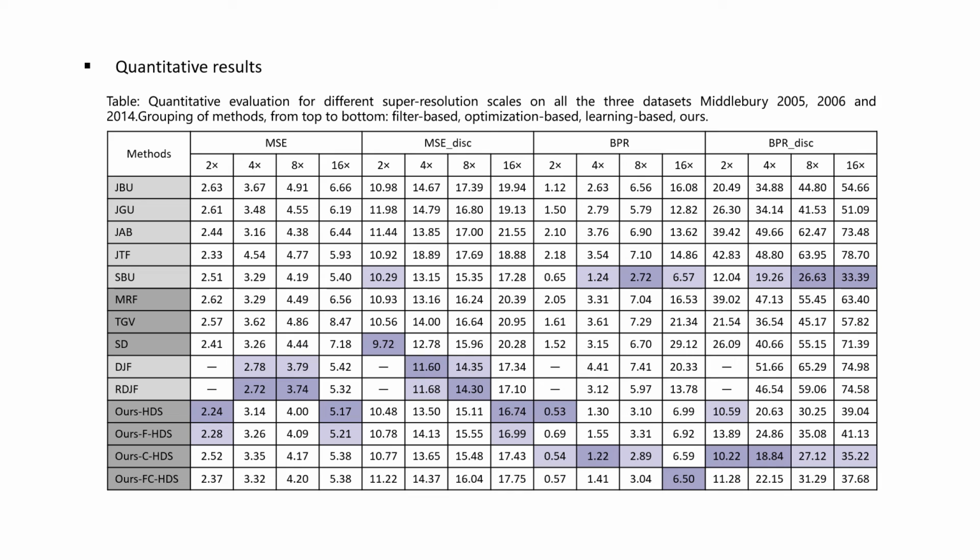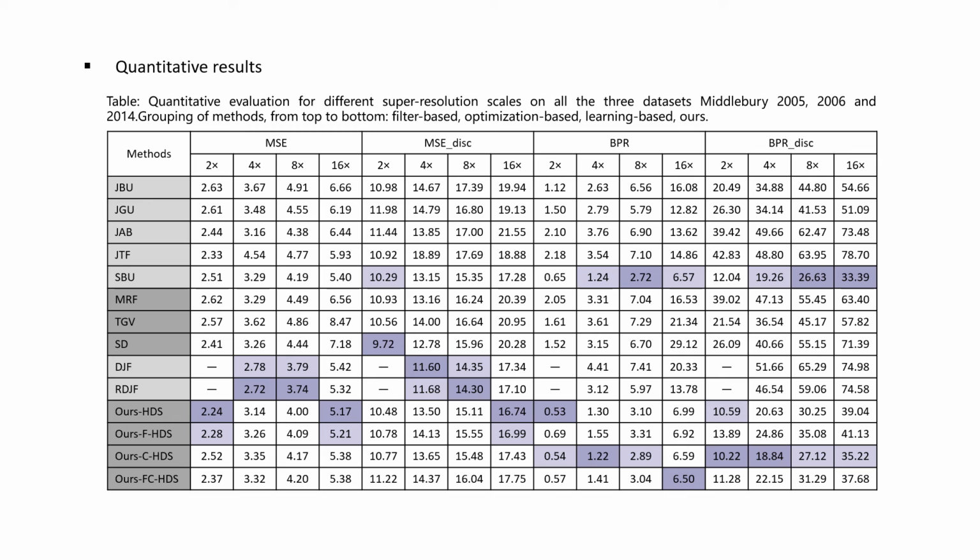FHDS provides visually best results due to the use of extracted shallow and multi-layer feature maps. CHDS particularly shows the best bad pixel rate measurement with fairly low mean square error values guaranteed for most of the trials.